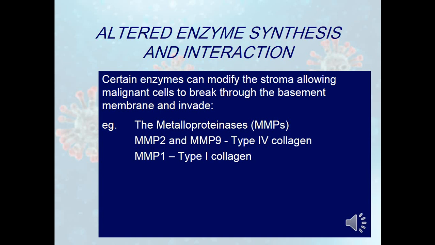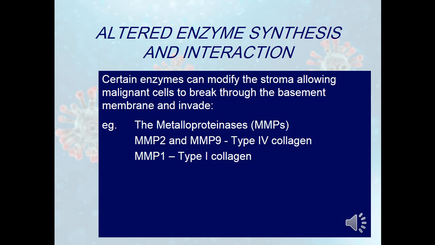This happens by altered enzyme synthesis and interaction, where certain enzymes can modify this stroma, allowing the malignant cells to break through the basement membrane and invade. The production of enzymes that degrade the extracellular matrix appears to be an important factor in metastasis. One of the most studied are the matrix metalloproteinases, which degrade the collagens.